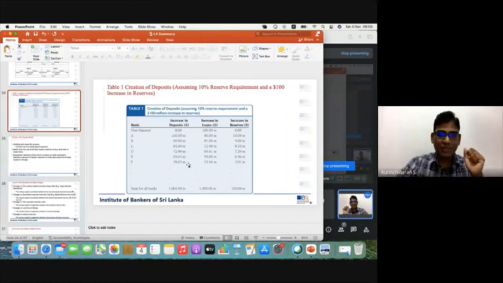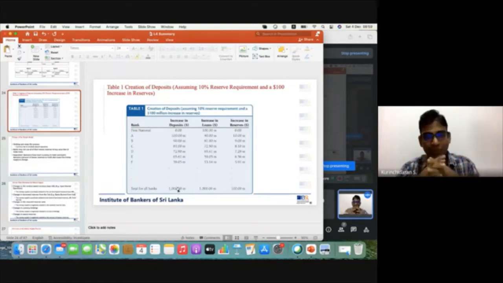So what happened finally, if it is a 10% reserve requirement, if you continuously calculate, you will reach 1,000 million. So the total deposits created by the 100 million loan is 1,000 million, right?